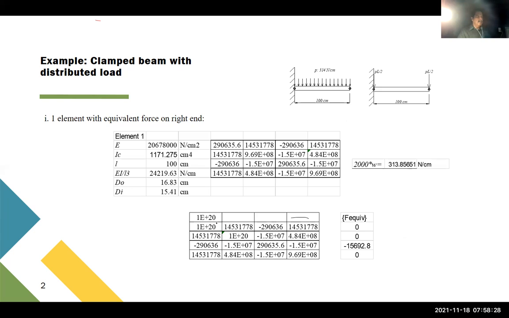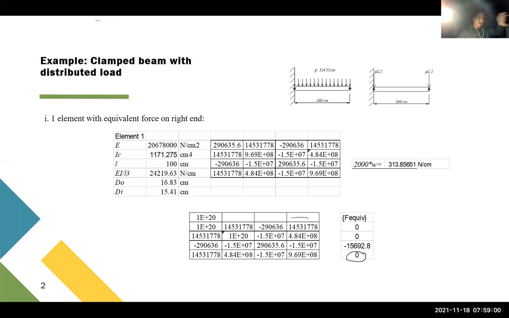In this case, since in these 2 positions the displacements are 0, I take this 10 to the 20 times 0 here and there, and they both are 0. This is the multiplication of this 314 times 100 and divided by 2. That's how we get this value here. And there is no moment on the end.